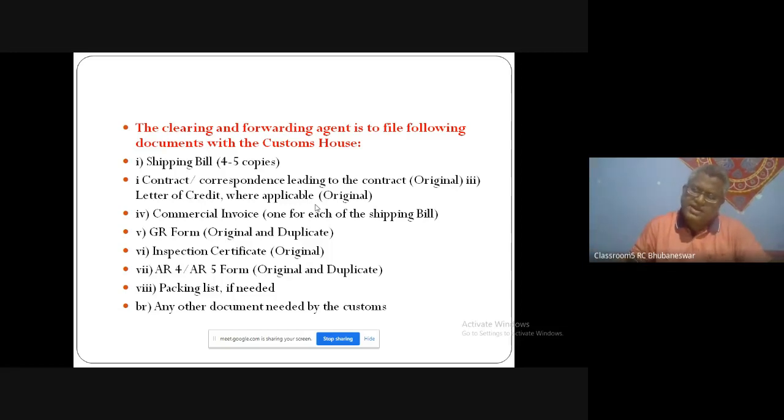During loading, some inspection is required. During loading, some forms are required: AR form, GR1 form, or reports from licenses, different licenses. These are also some common documents with the custom house, or any type of exporting of goods. But importing is somehow different.